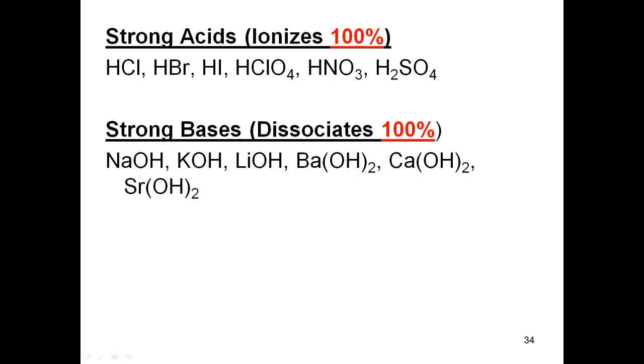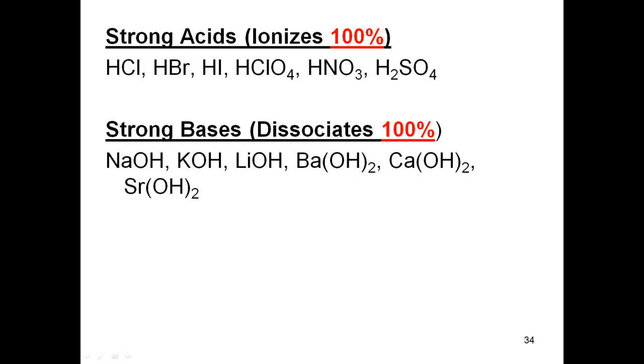It breaks up 100%. Contrary to something like hydrogen cyanide, which is a weak acid, it ionizes less than 5%. So the majority of that species stays as HCN, and only a small fraction forms the H+ and the CN-. That's the difference between strong and weak. Strong, 100% ionization. Weak, very little, less than 5%.